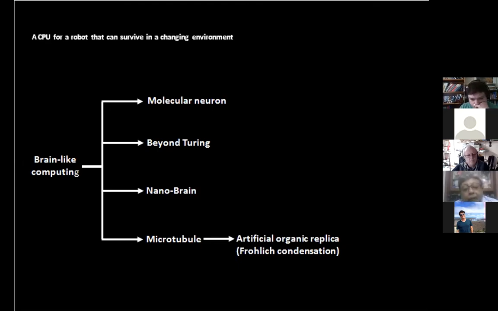The nano brain, which Dr. Bandyopadhyay is actually making in the NIMS lab, is trying to concentrate on this nano brain aspect, and the microtubules and the artificial organic replication condensation. I will not go into that, but in 2010, Dr. Bandyopadhyay's group experimented with microtubules.